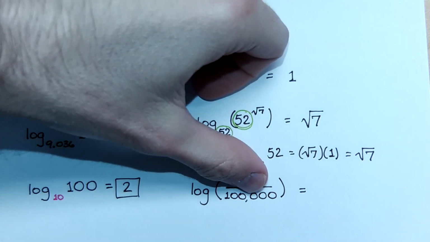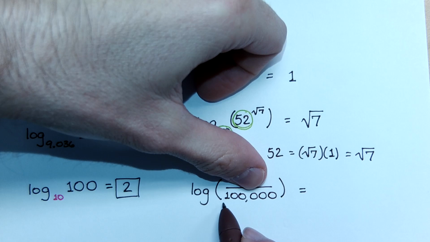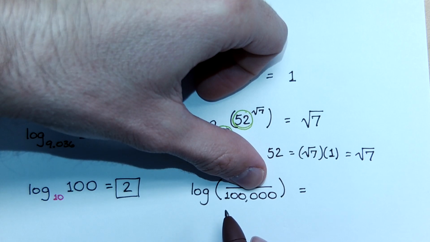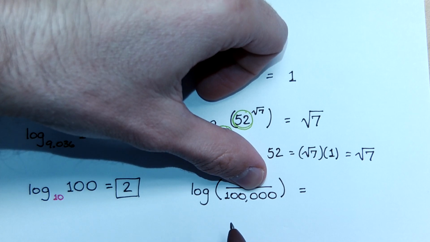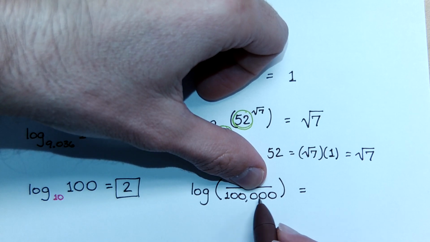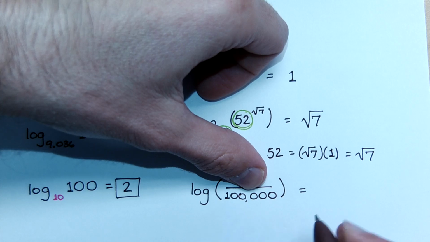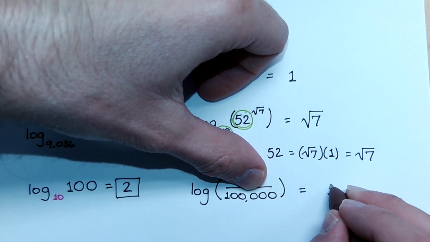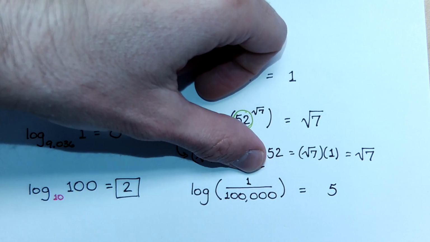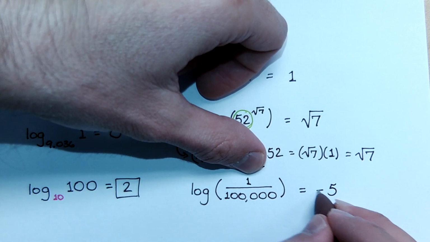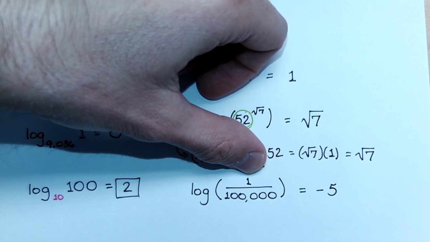No. What power of 10 would give you 100,000? You're thinking too hard about this. How many zeros do you see? 5. No. 1, 2, 3, 4. We see 5 zeros, right? So this would be 5, but since it's in the denominator, it makes it negative 5.